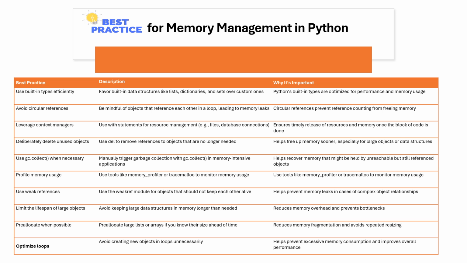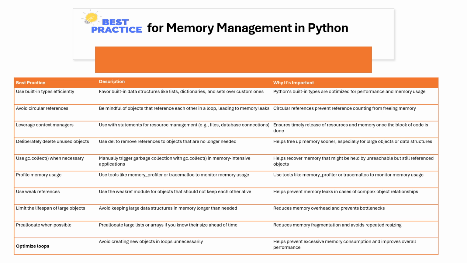Also use weak references with the weakref module. We can avoid memory leaks, especially in complex object relationships where objects keep each other alive. Also, limit the lifespan of large objects.